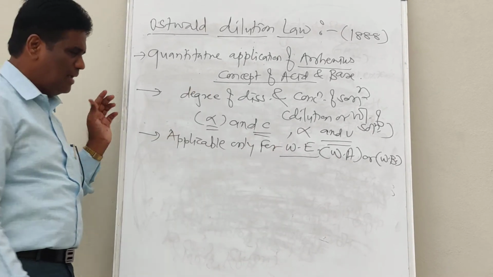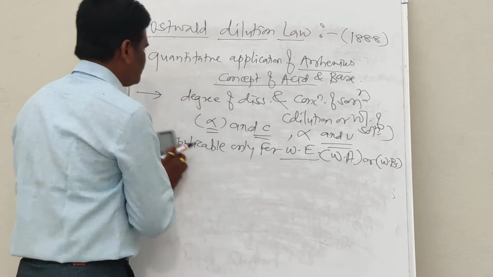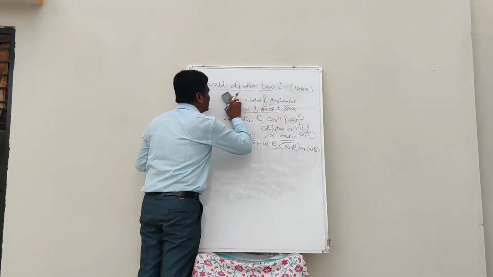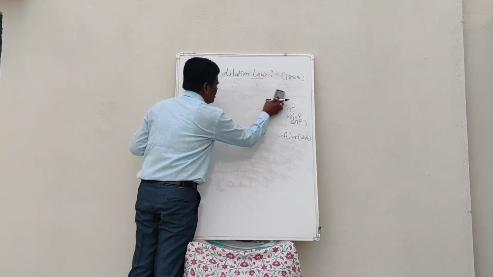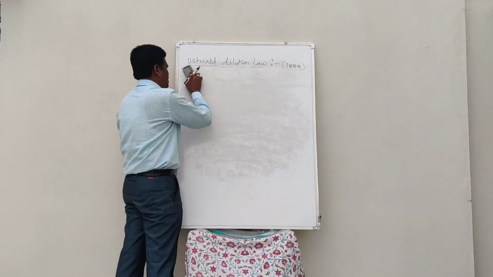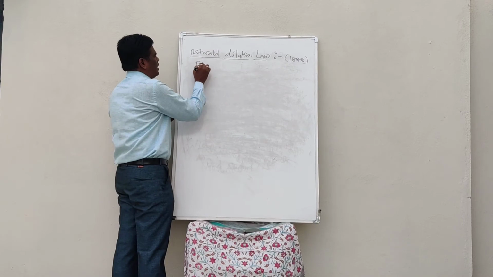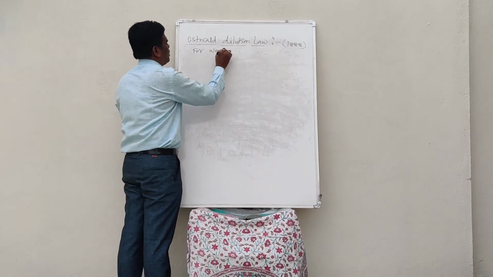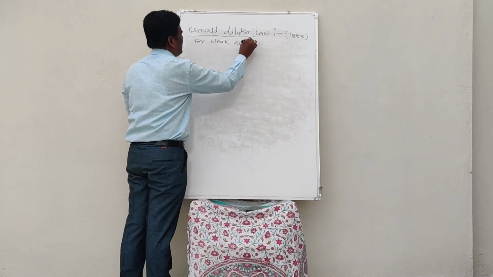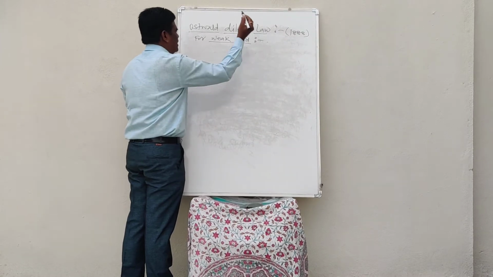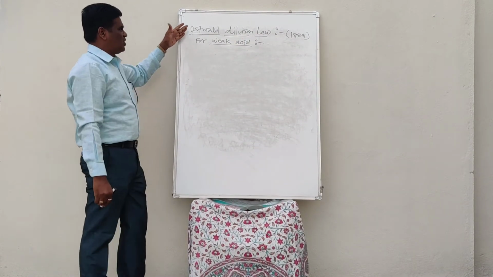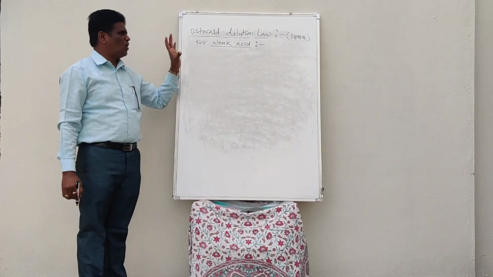So you have to study the Ostwald dilution law, or you have to study mathematically what is the equation for Ostwald dilution law for the weak acid. Here is the Ostwald dilution law for weak acid, a very easy equation that was given by Ostwald.